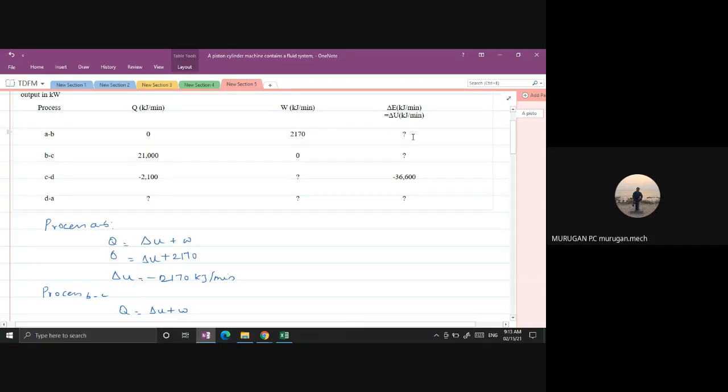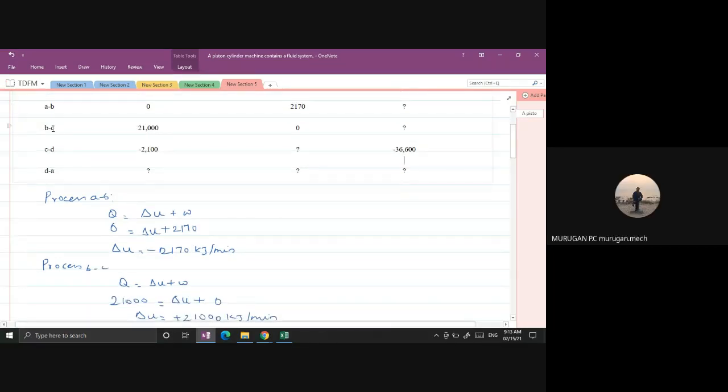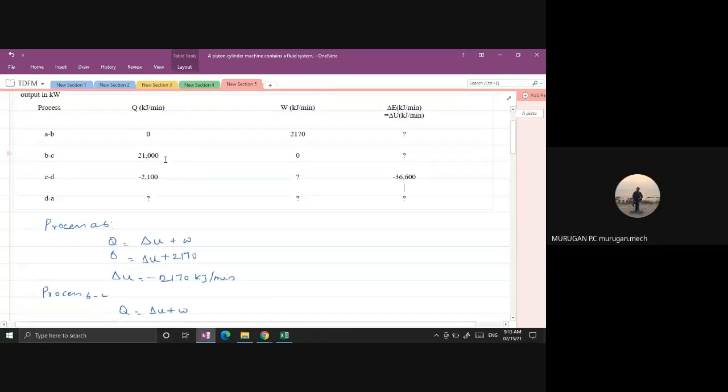Yes, sir. Then we are going for the next process, process B to C. Which term we have to find out? Delta U, internal energy.